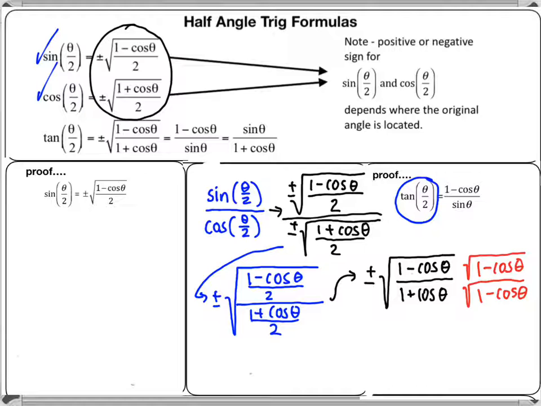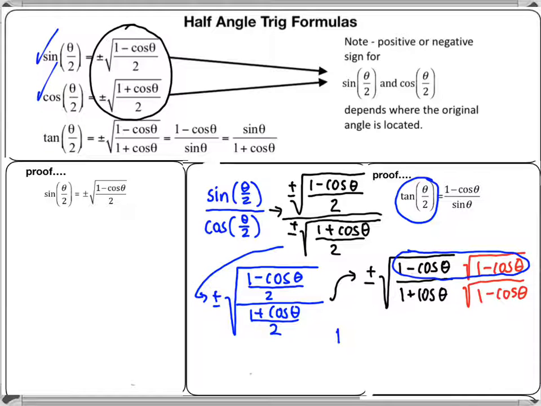All right, and so what is going to happen is something kind of neat. When I multiply these two together straight across, I know that when I have the square root times the square root, you're just going to get the radicand if it is the same under there. So since 1 minus cosine is the same, I'm going to get 1 minus cosine.